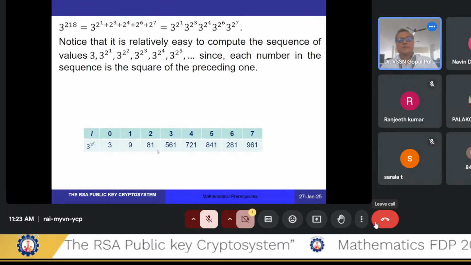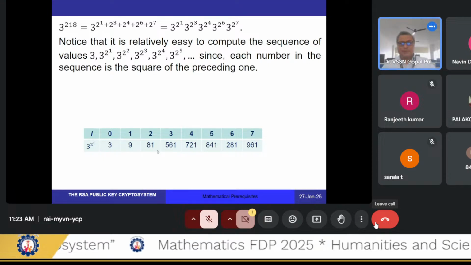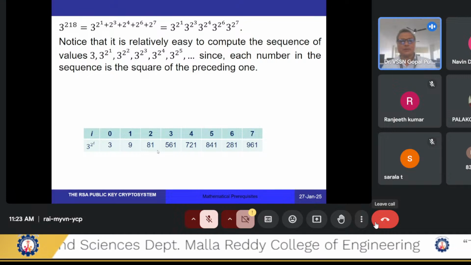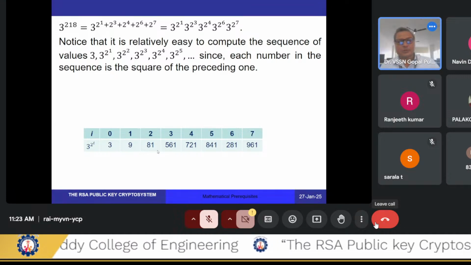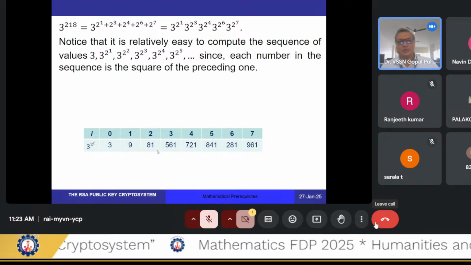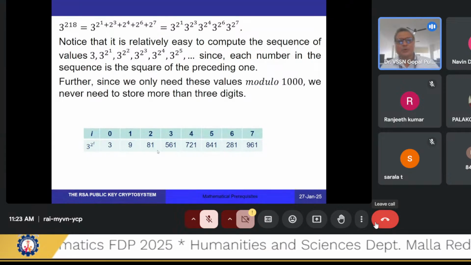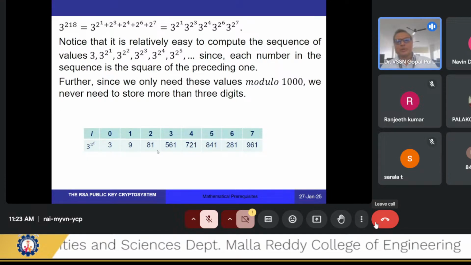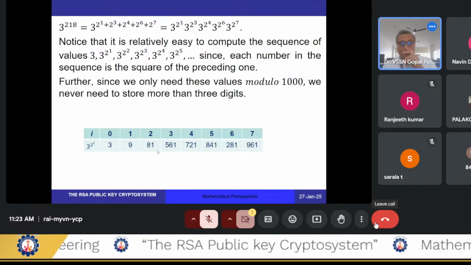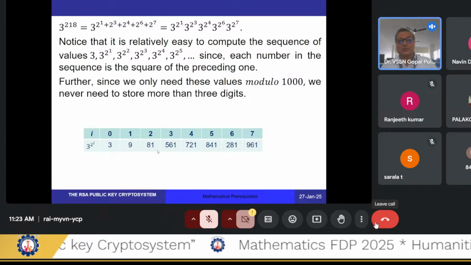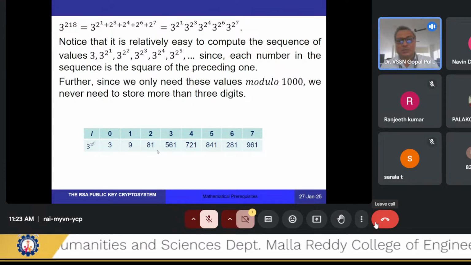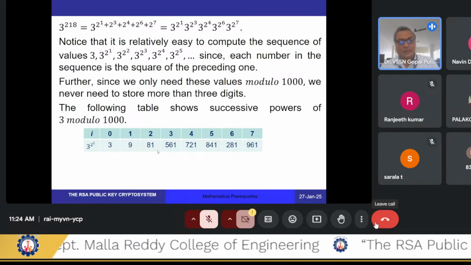One can notice that it is relatively easy to compute such a sequence of values: 3, 3 power 2 power 1, 3 power 2 square. Why? Because squaring and multiplying is what we are going to do. And moreover, as we are working under mod 1000, we won't be getting more than 3 digits.